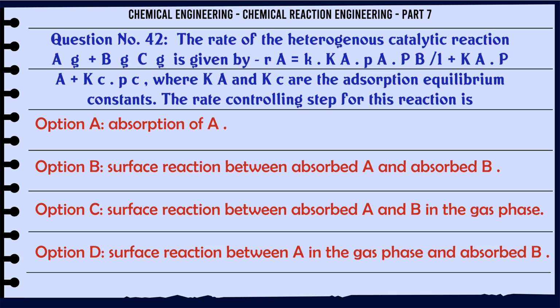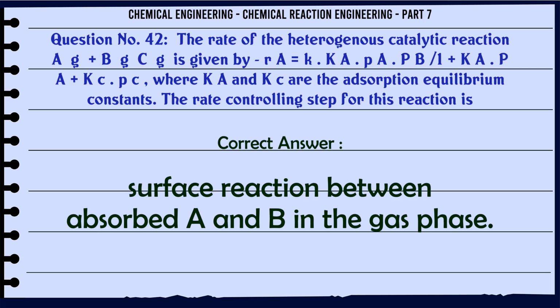The rate controlling step for this reaction is A. Adsorption of A. B. Surface reaction between adsorbed A and adsorbed B. C. Surface reaction between adsorbed A and B in the gas phase. D. Surface reaction between A in the gas phase and adsorbed B. The correct answer is surface reaction between adsorbed A and B in the gas phase.